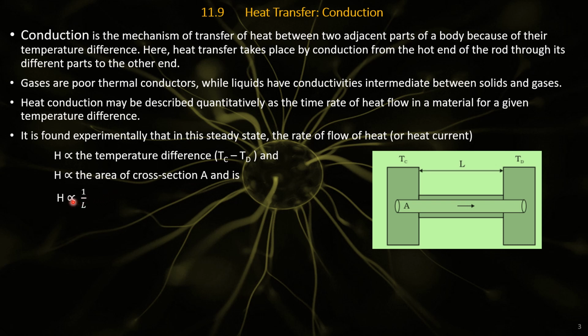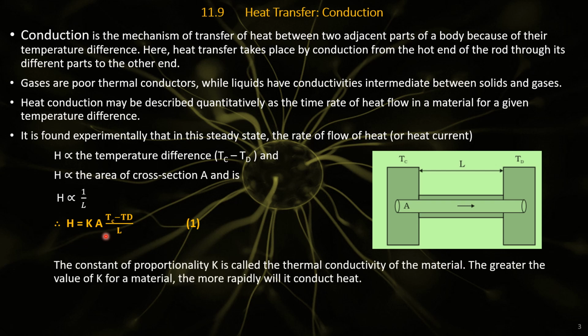Therefore, H is also inversely proportional to length L. That is, H is proportional to 1 by L. So summing up and removing the sign of proportionality, we get H is equal to K into A into Tc minus Td over L. Here K is a constant. The constant of proportionality K is called the thermal conductivity of the material.